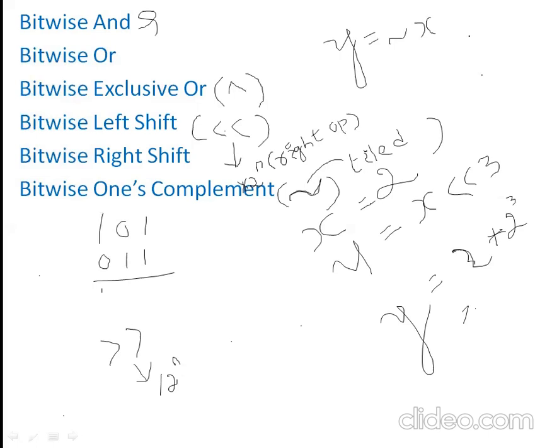So what will be the value of y? That is 10, not binary 1 0. First you need to convert that into binary, then you have to complement.